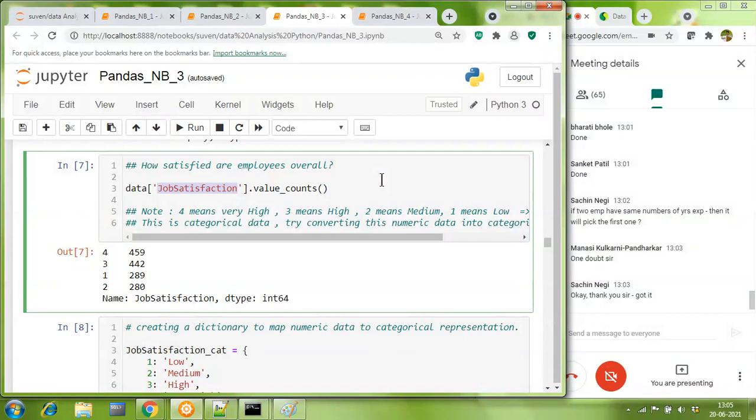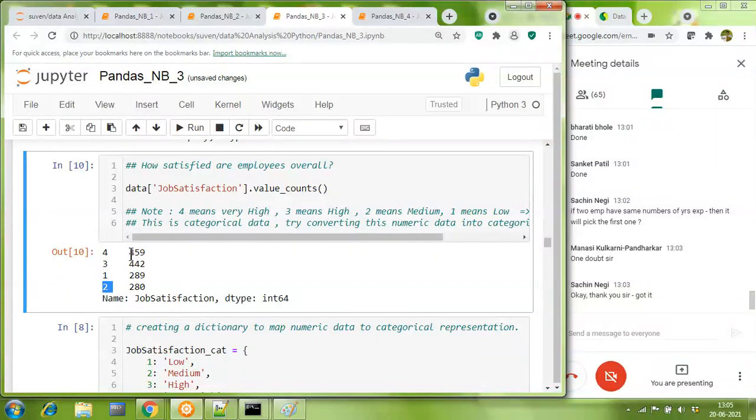Please trust me. Out of my curiosity, I first did this very basic work to find what kind of values are stored in job satisfaction. I realized that people have marked the job satisfaction value as 4, 3, 1, or 2.